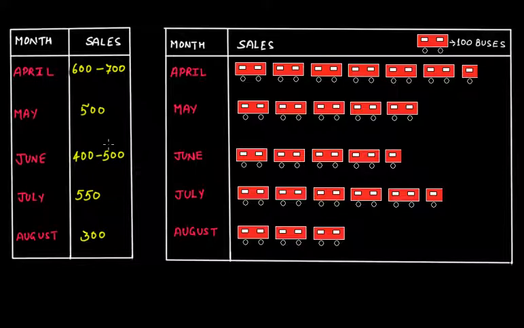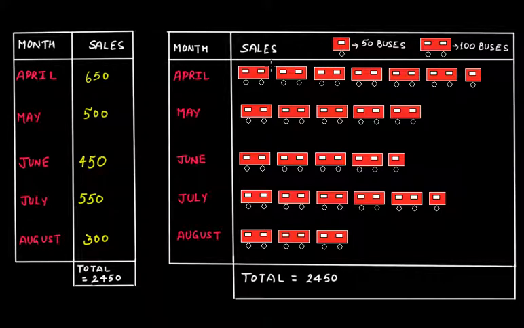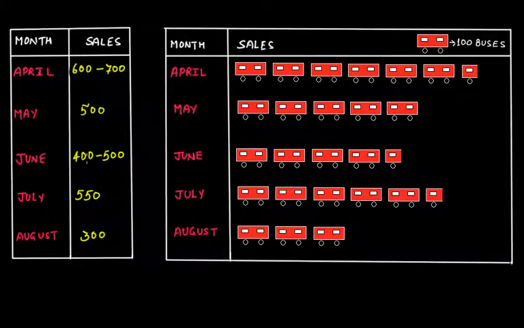That's not very clear, so it can be represented in that way. Don't think that it is a half bus. This half image, in this case, represented 50 buses, but here we are not very clear whether it is 430 or 440 or 450 or 486 buses. How much, we don't know, so you can represent it using some portion of this image.